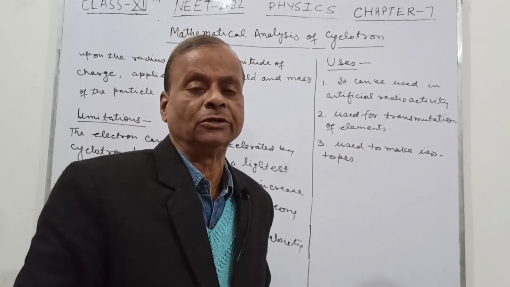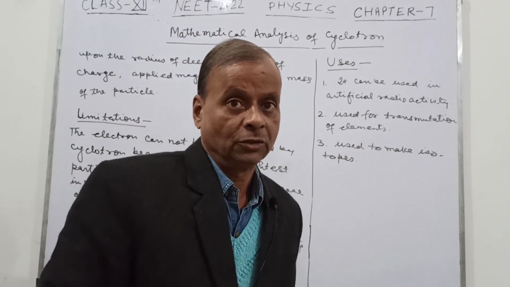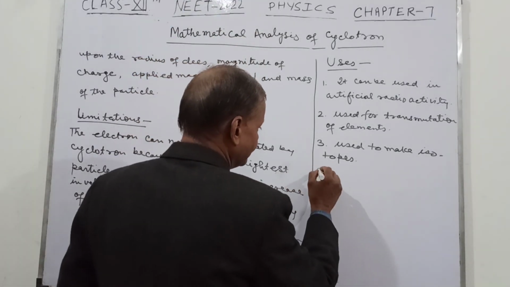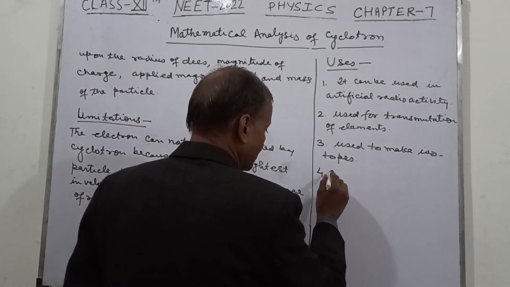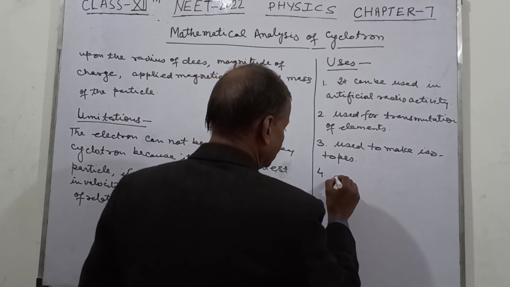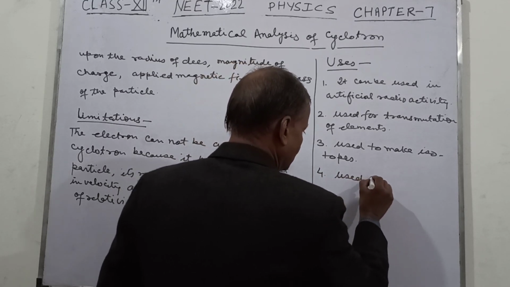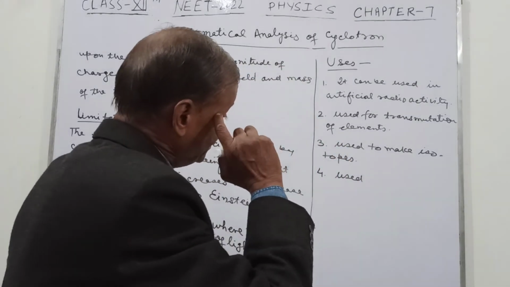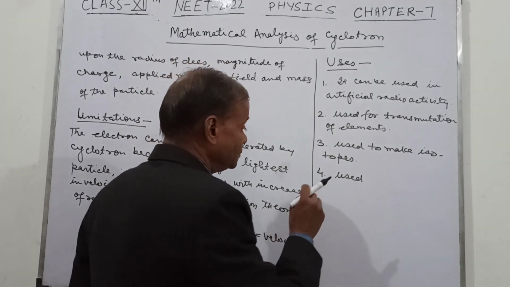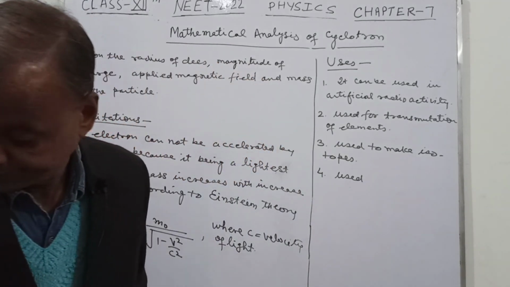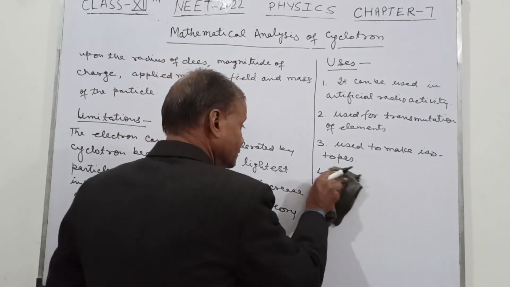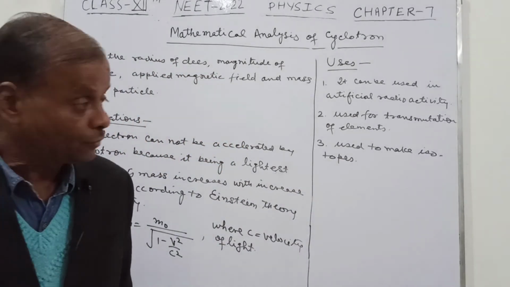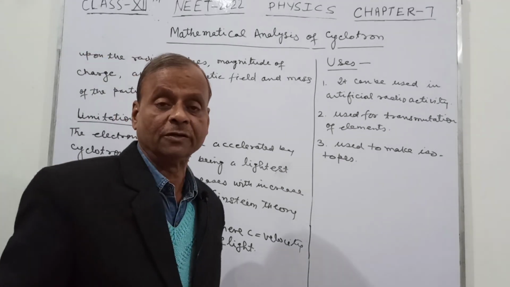Also it may cause nuclear fission. So these are the uses of the cyclotron.